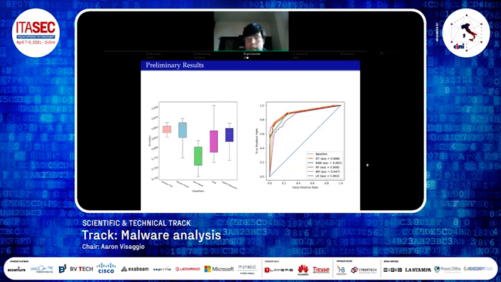As far as the ROC curves are concerned, again, the decision tree and the random forest were above all of them, but logistic regression was also not far behind.